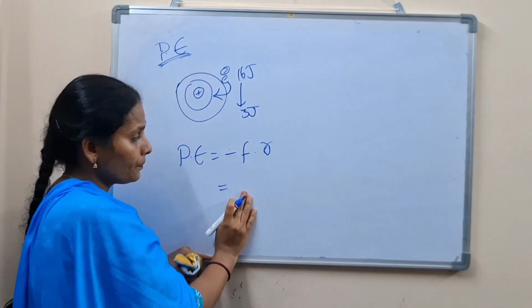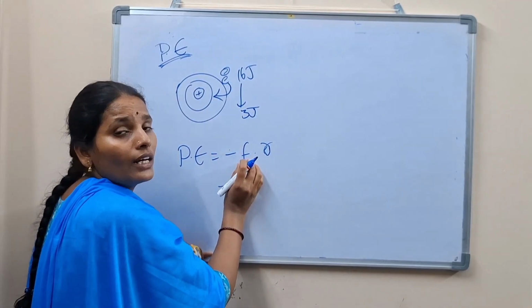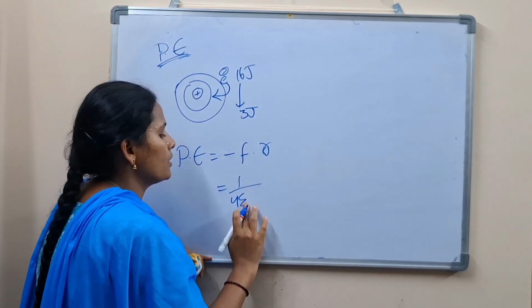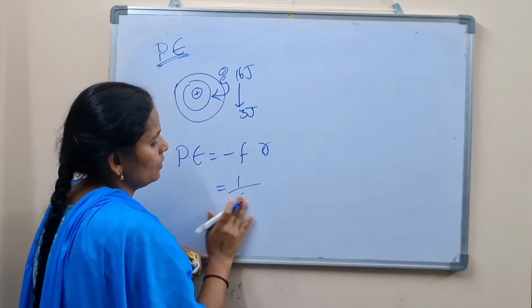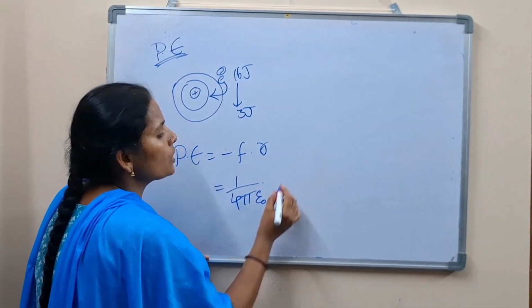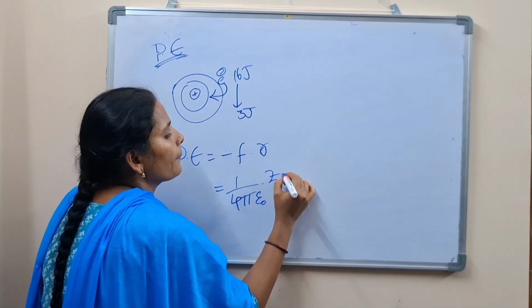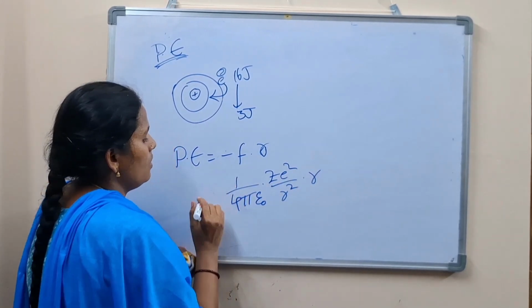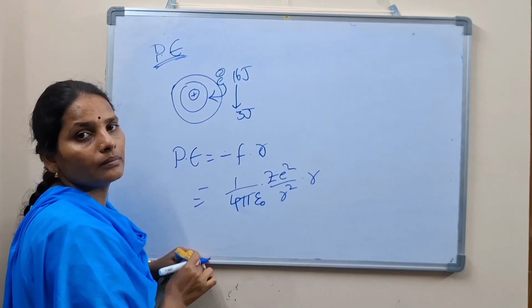What is the electrostatic force here? 1 by 4 pi epsilon naught into Z square by R square, into R. Mention the negative sign definitely.